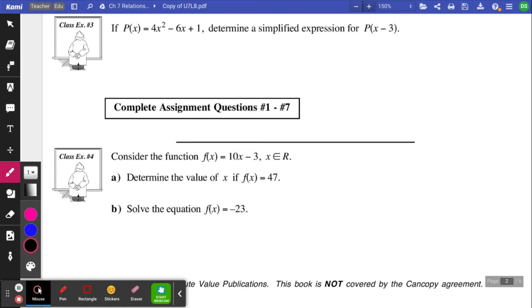So when I see P of x minus 3, no big deal. This is what you're putting into the machine. So do everything to it that the machine said. It said write down a 4, take your input, and square it. That's what the first part of my machine says. Then it says subtract 6 of those things. I don't care if it's a big bunch of stuff or not. And then it says add 1. Okay, Miles, I need you to write that down, please.